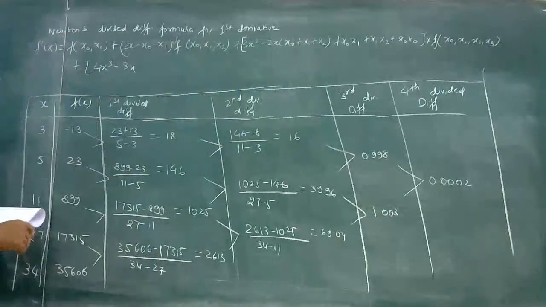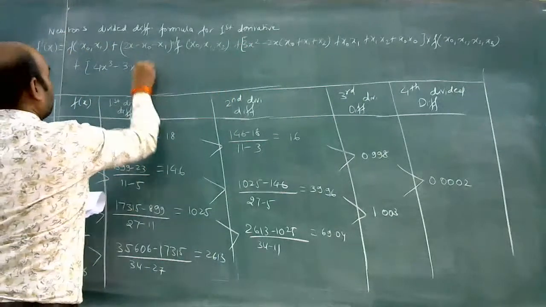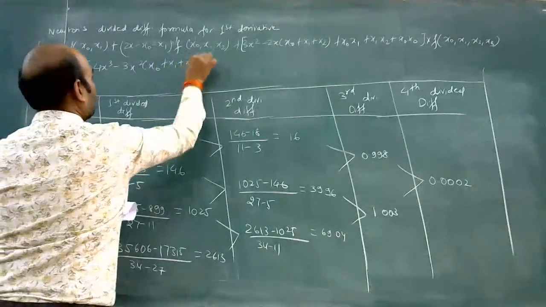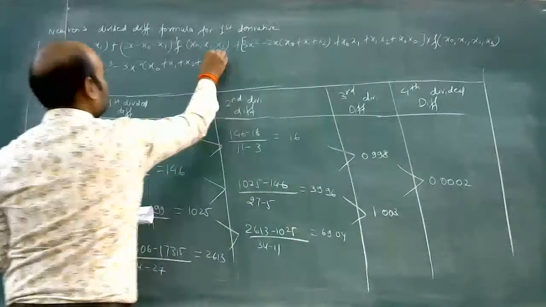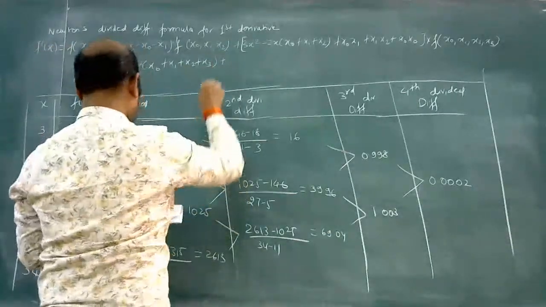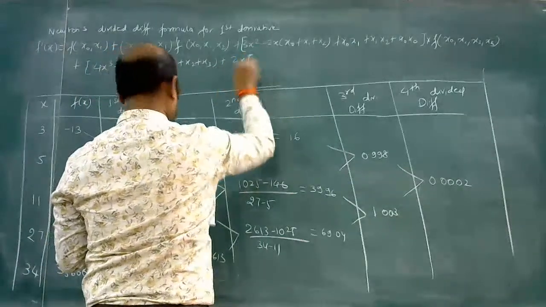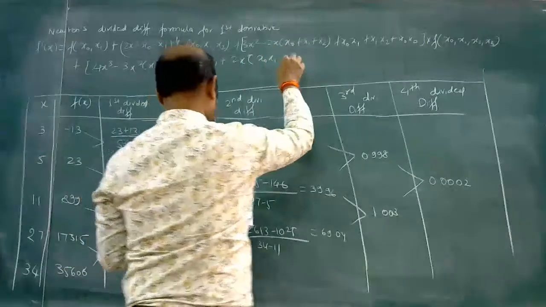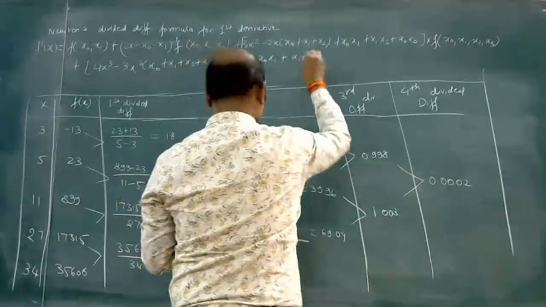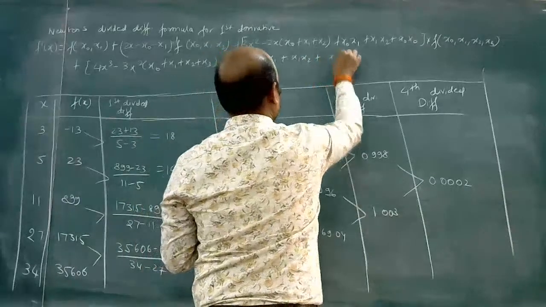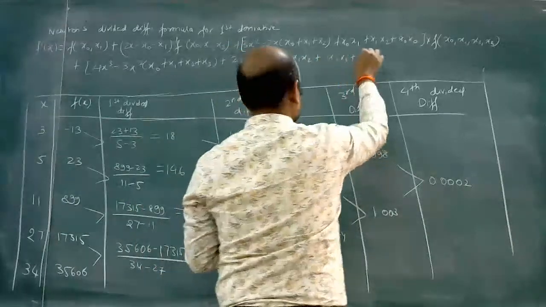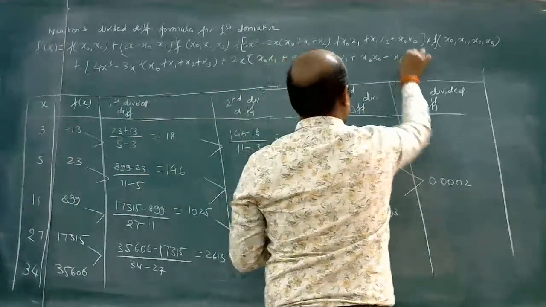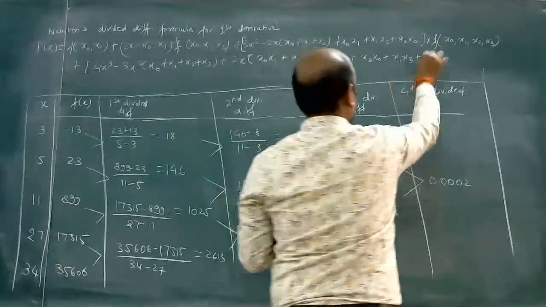Okay. x naught x1 x2 plus 3 plus 2 into x, x naught x1 plus x1 x2 plus x2 x3 plus x3 x naught plus x1 x3 plus x naught x2.